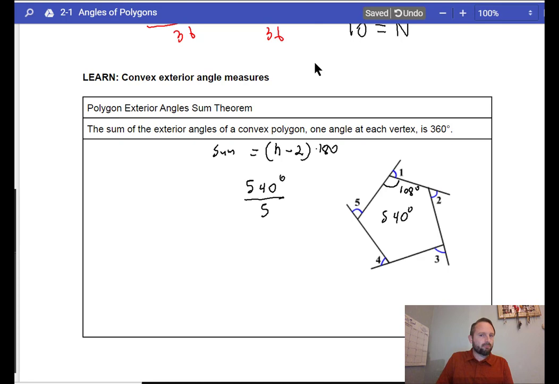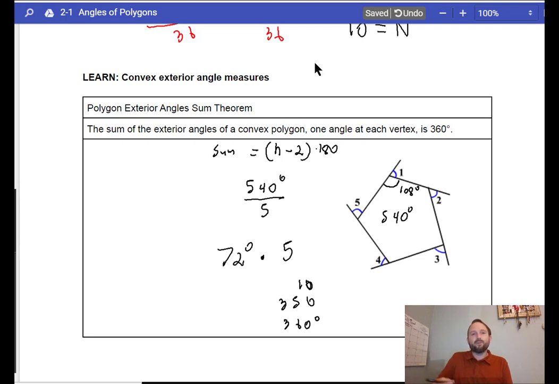Well, how much to make? If this is a linear pair, meaning it's 180 degrees, it makes a line, these two angles make a line, then that'd be 72. Well, now all we have to do is times this by 5. 5 times 2 is 10, 5 times 70 is 350, and 10 plus 350 is 360.